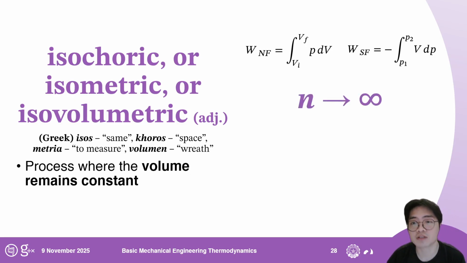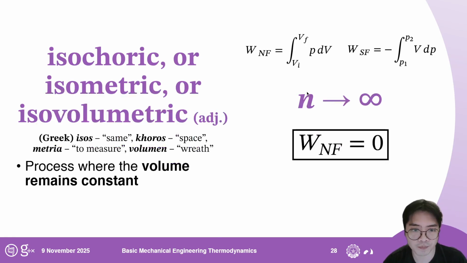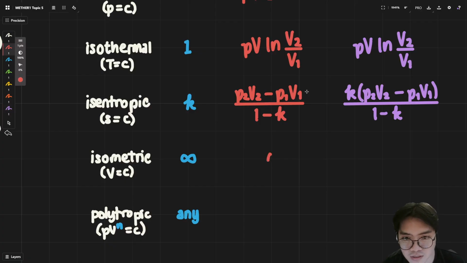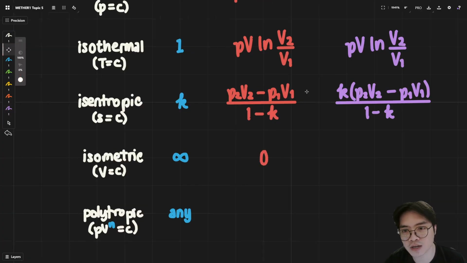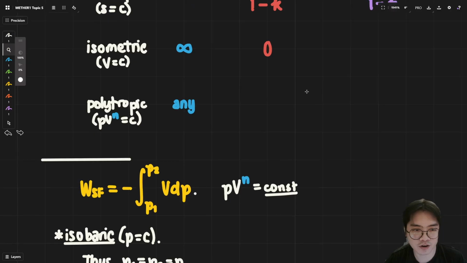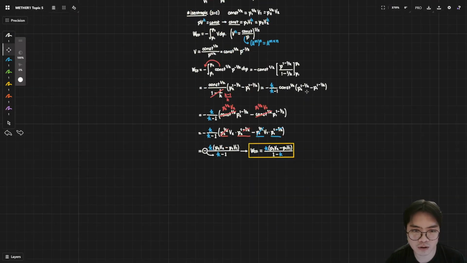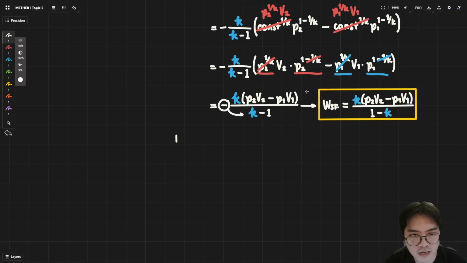Because, same as the isobaric process, the Vi and the Vf are the same, your integral is just 0. So in this case, it's just 0. And now, what is it here? It's a very interesting question. We will now go and just finish this off here, isometric.